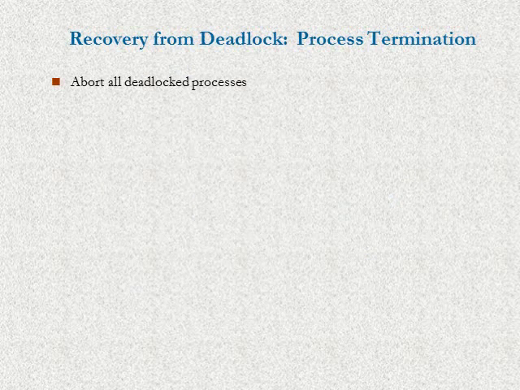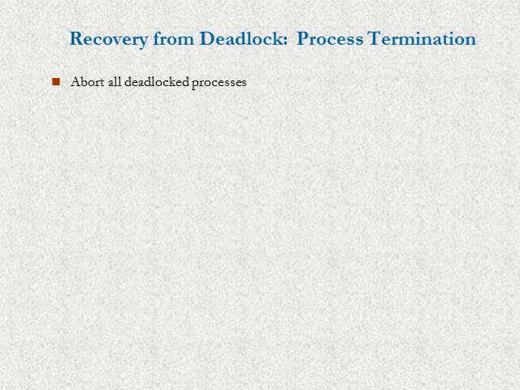Once we detect the presence of a cycle or a deadlock in the system, we can move on to its recovery. An intuitive way to recover from a deadlock is process termination, where we terminate some processes to ensure that the system recovers from the deadlock. There are two basic methods. The first one is to abort all the processes that are involved in the deadlock.